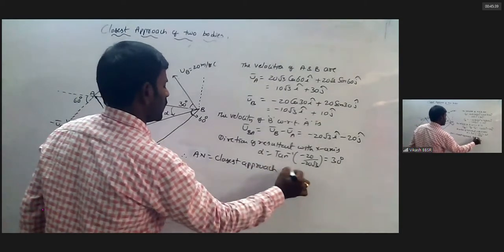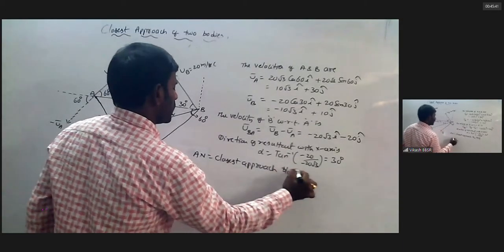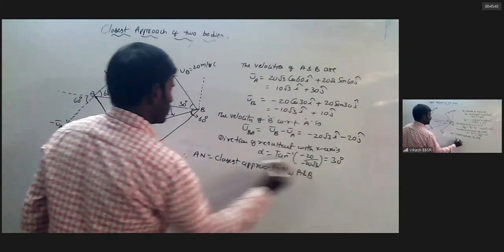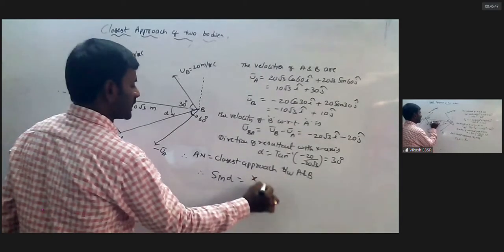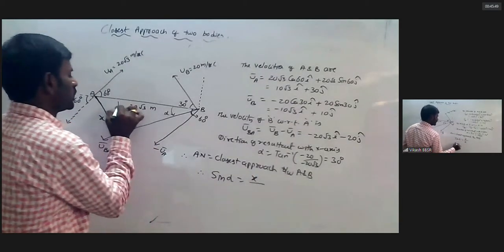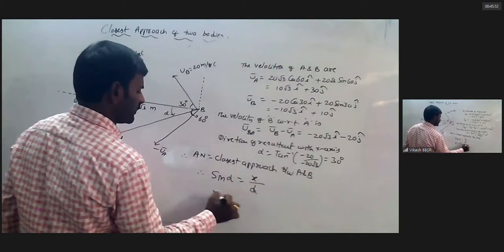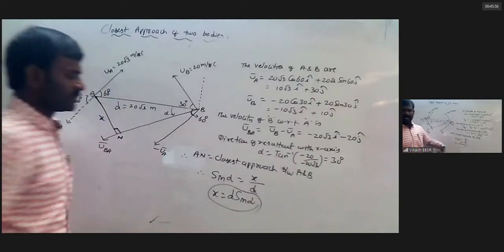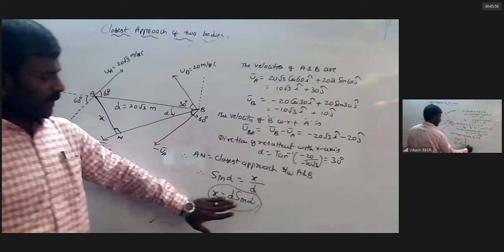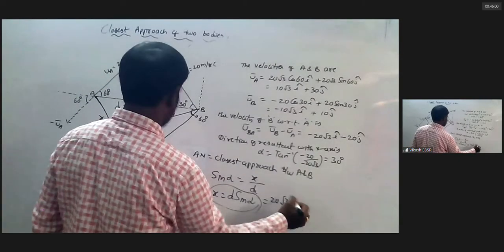between A and B. Therefore, sin alpha equal to what? X by, suppose you can take D, fixed for any type of numerical. This is fixed. This formula is fixed for any type. Equal to how much? 20 root 3 into sin 30.